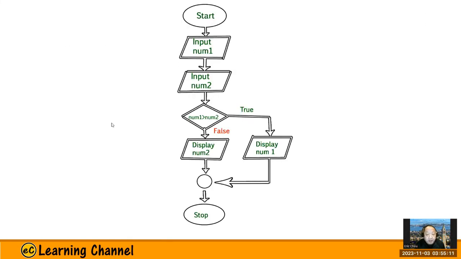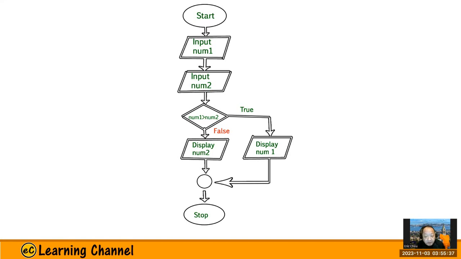So if we think about comparing two numbers and finding out the maximum, this is a simple flowchart. You get started, you input number one and you input number two, and you compare. If number one greater than number two is true, then you display number one. Then number one is the larger number. And if not, you display number two.